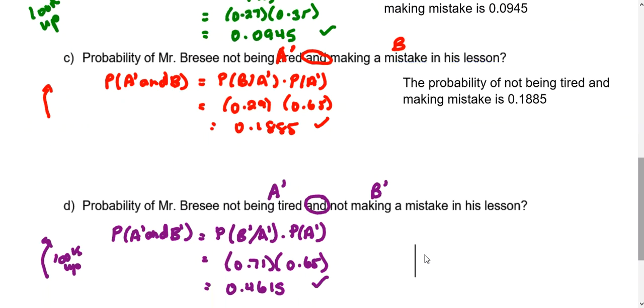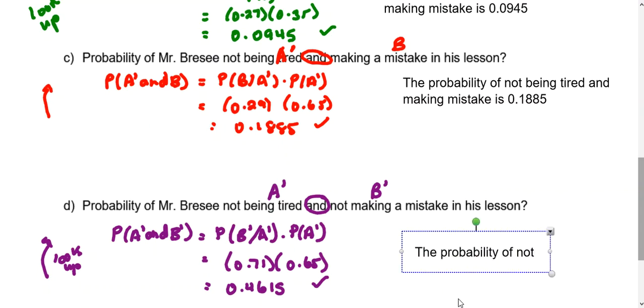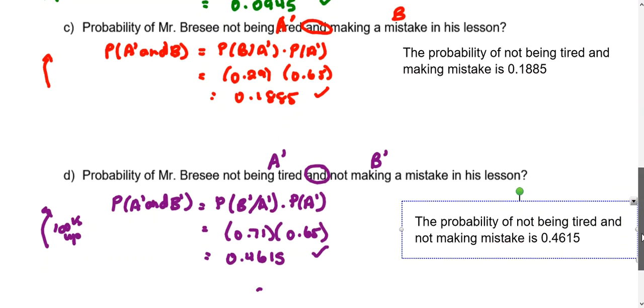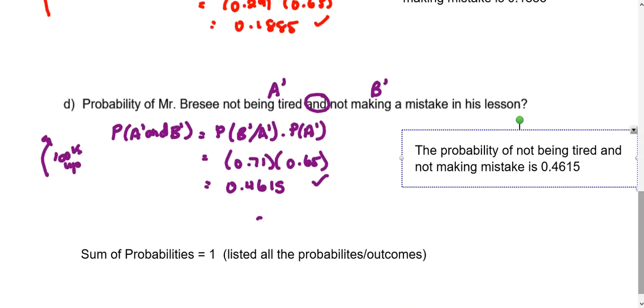And the probability of me not being tired and not making a mistake is the highest, because usually I'm not tired and usually I don't make mistakes. Okay, so those are the things that you want to keep track of as you move forward.